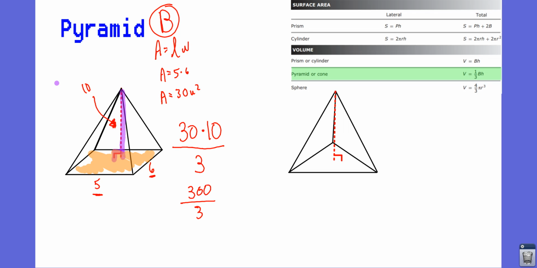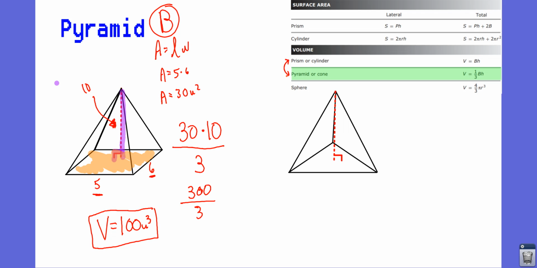Divided by 3 is going to give you a volume of 100 cubic units. So you're looking at basically taking what you've already done and dividing it by 3. It's the same thing as a prism. So pyramid, prism, directly linked. The only thing is, since you have 3 dimensions, you're dividing it by 3 instead of 2.